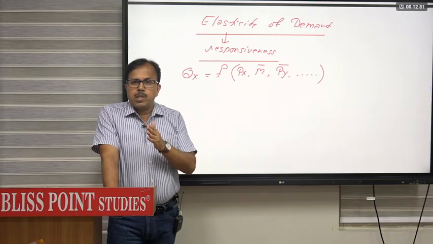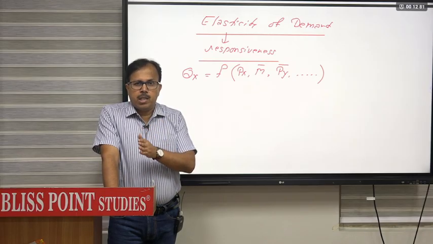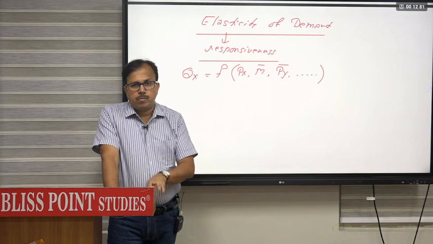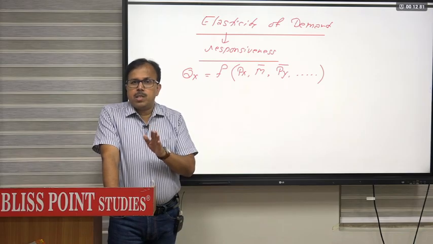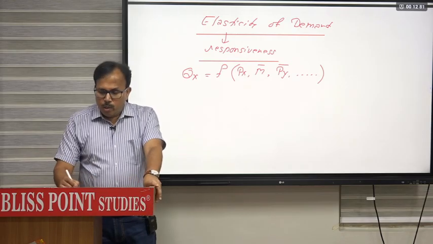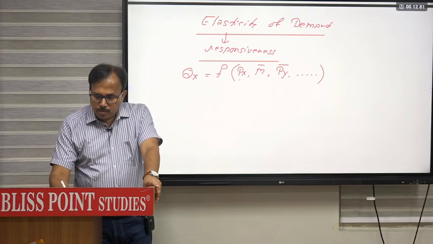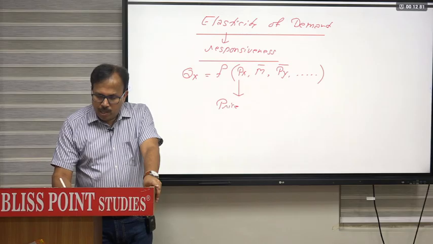Degree of responsiveness in quantity demanded due to change in price of that commodity, keeping all other factors constant. Clear? So when price of a commodity changes, you get price elasticity of demand. That is first concept.